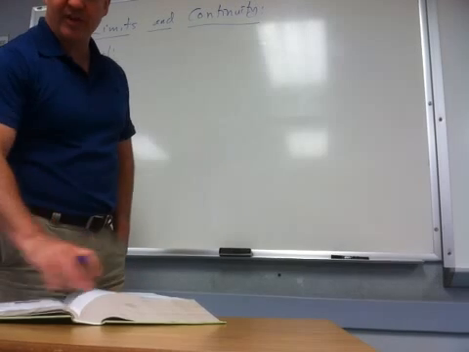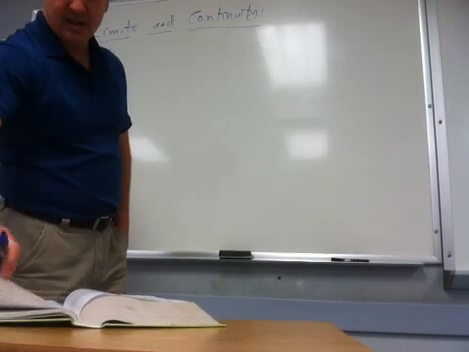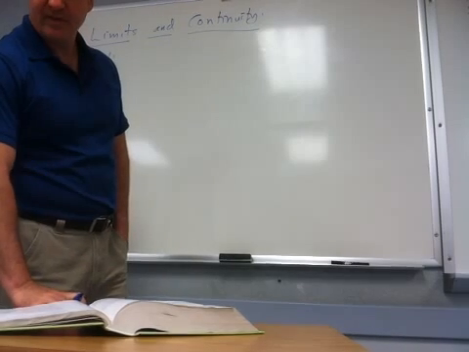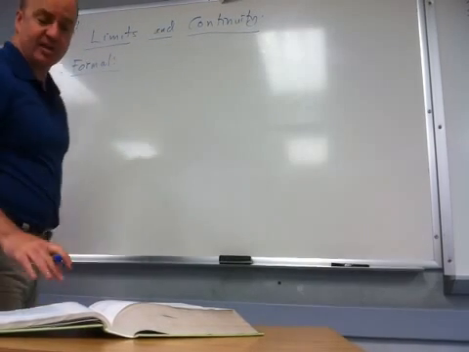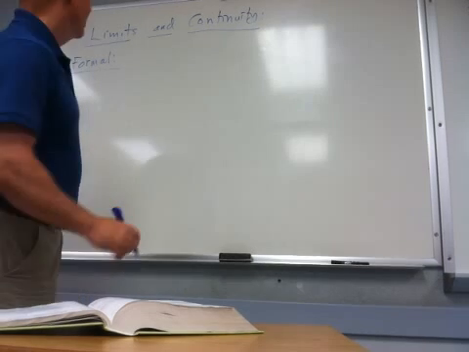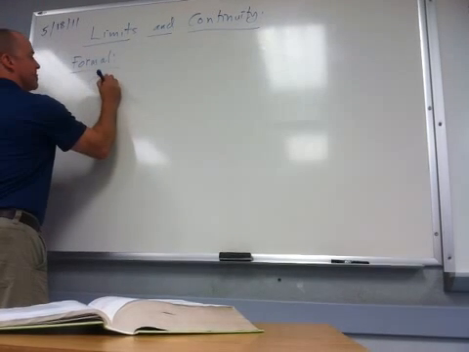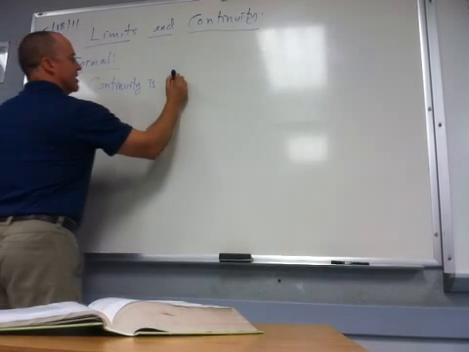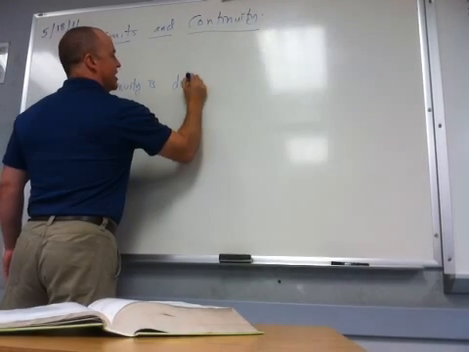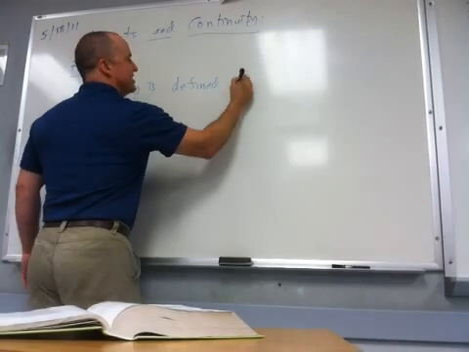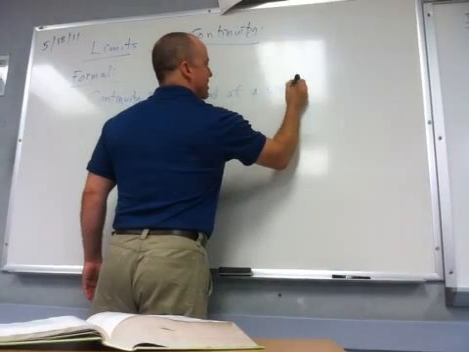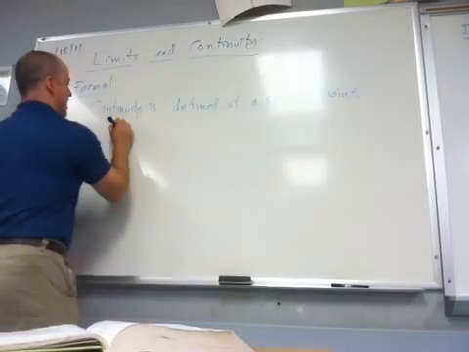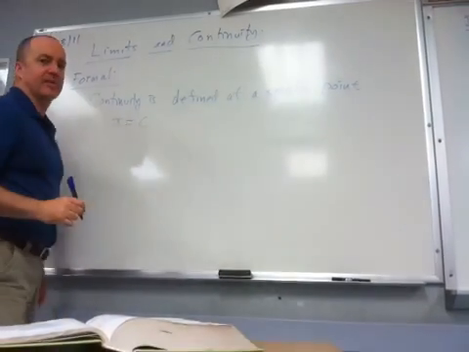Formal definition of continuity. I want to make sure I say it the way the book does. First off, continuity is defined at a specific point, x equals c.